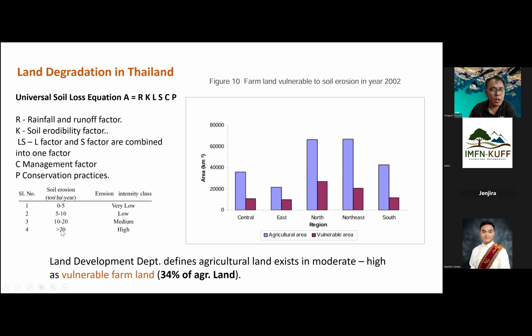Then low, 5 to 10, then 10 to 20 tons, and more than 20 tons per hectare per year is very high. So according to the LDD definition, any agricultural land with moderate to high topsoil erosion, meaning soil erosion greater than 10 tons per hectare per year, is defined as degraded.